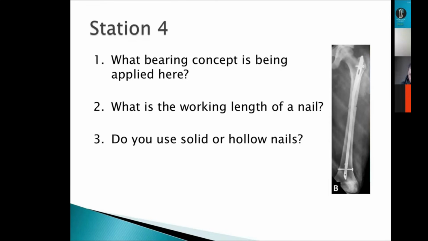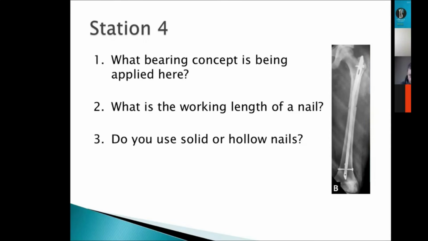Or in the case of cancer, the area would become more load bearing rather than load sharing, isn't it? In this situation, what concept is applied here? So in this situation, the concept is load sharing. Yes, there is bone-to-bone contact at the fracture site.